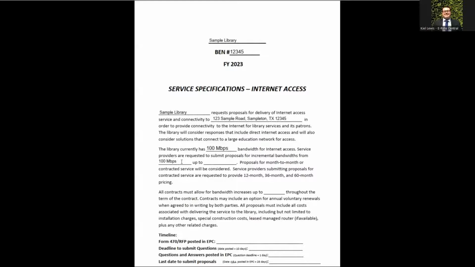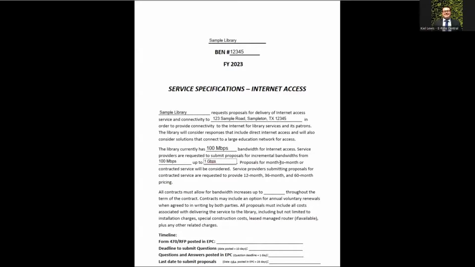In addition to this minimum of current bandwidth, there is going to be that higher maximum bandwidth as well. Many of the Texas libraries are currently receiving lower levels of bandwidth than 1 gigabit per second.